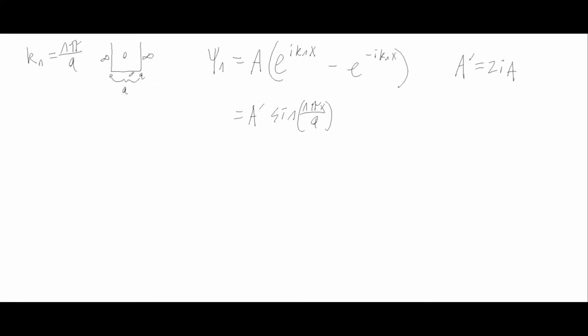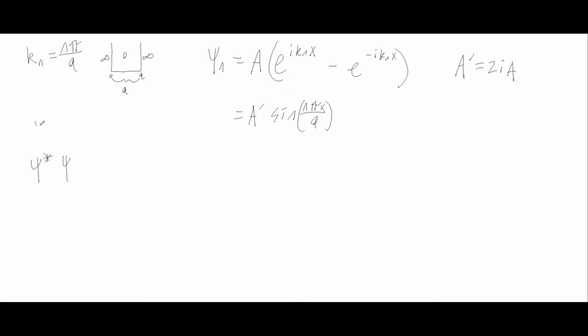From here we want to normalize so that the total probability equals just 1, so we don't get total probabilities above or below 1. From the Born rule, the probability comes from the wave function multiplied by its complex conjugate.